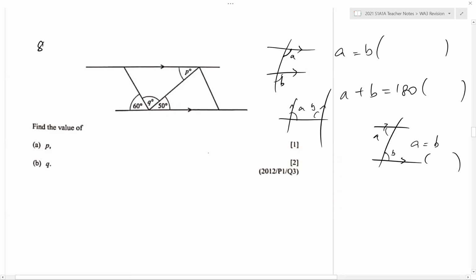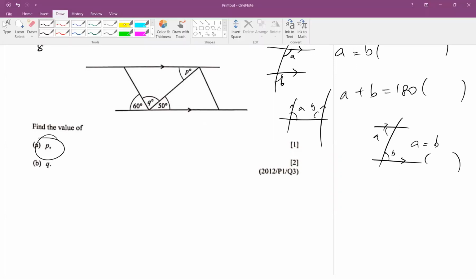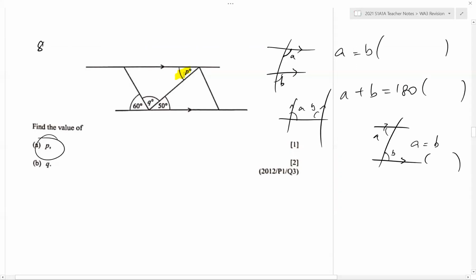So I see parallel lines. I want to find the value of P. Can you find the letter F in this case? No letter F. Letter U? Yes. For letter U, over here. Letter U over here.